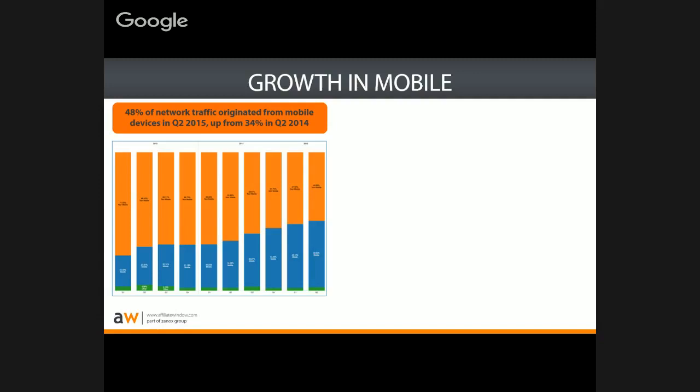But the number of sales that the network tracks on mobile devices is still under 30%, and is now growing. That percentage gap is decreasing since we've rolled out cross-device tracking. The reason for that gap is a few things. Obviously, mobile devices don't tend to convert as well.